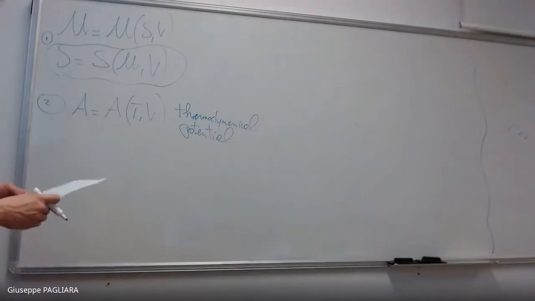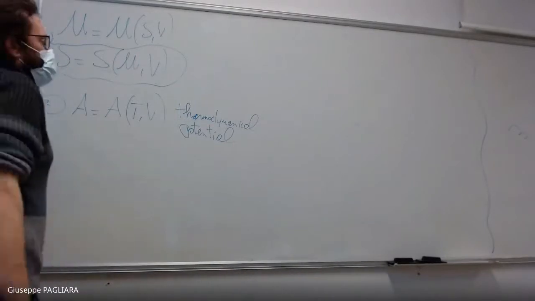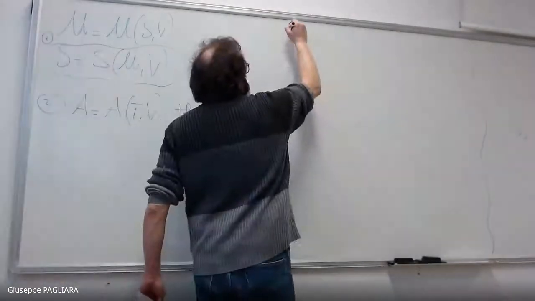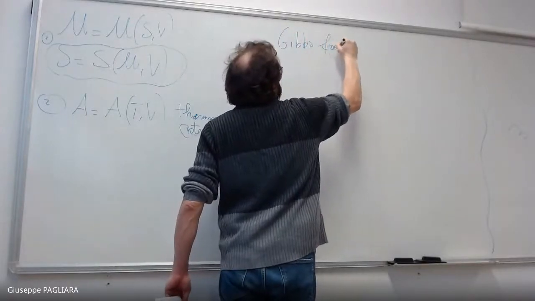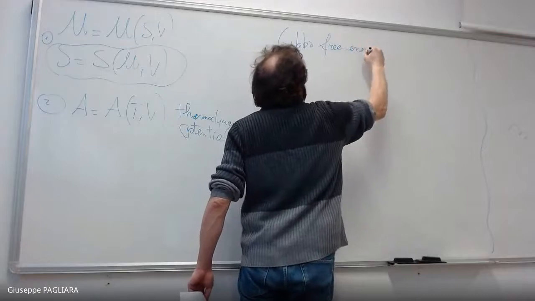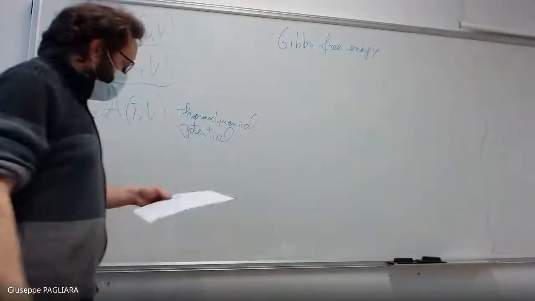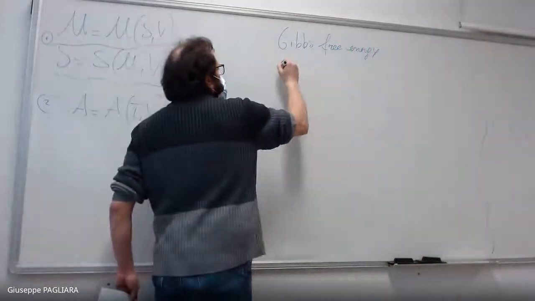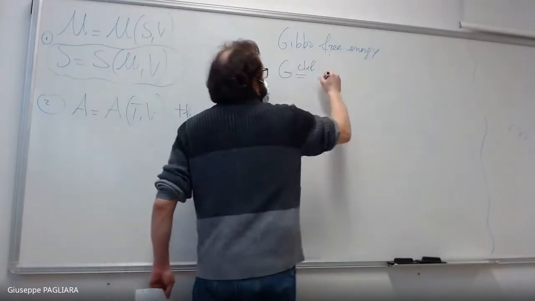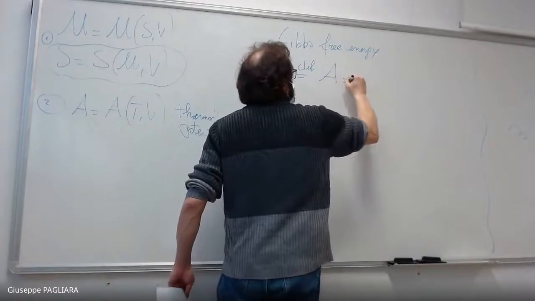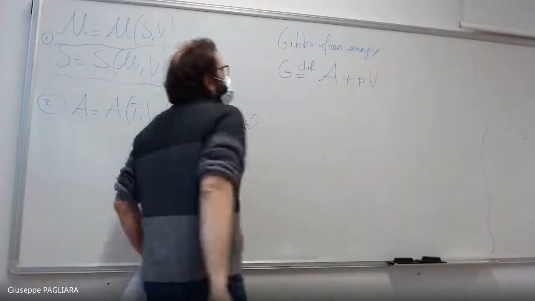Now we will introduce another one, which is the Gibbs free energy. The Gibbs free energy is written with this letter G, and by definition, this is A plus PV.